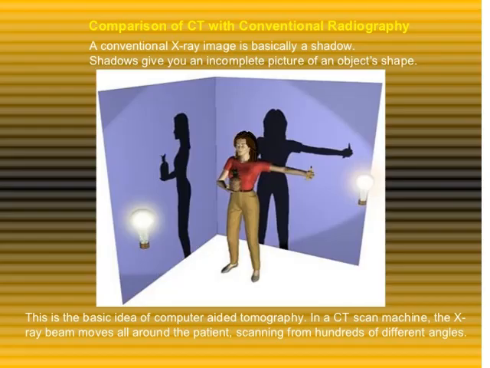Another difference is that a conventional X-ray image is a shadow, but a shadow gives only an incomplete picture of an object's shape. But in a CT scanning machine, the X-ray beam moves all around the patient, scanning from hundreds of different angles, taking different projections or images.